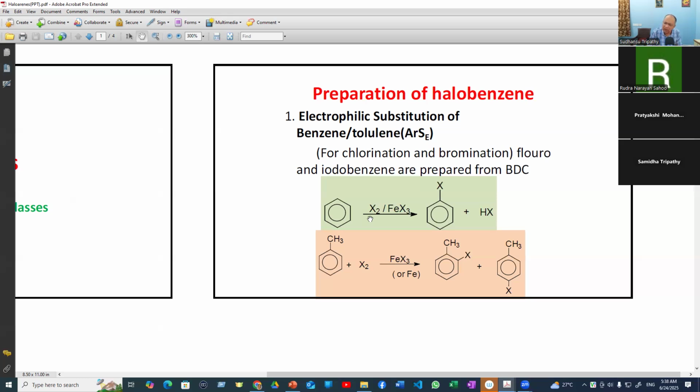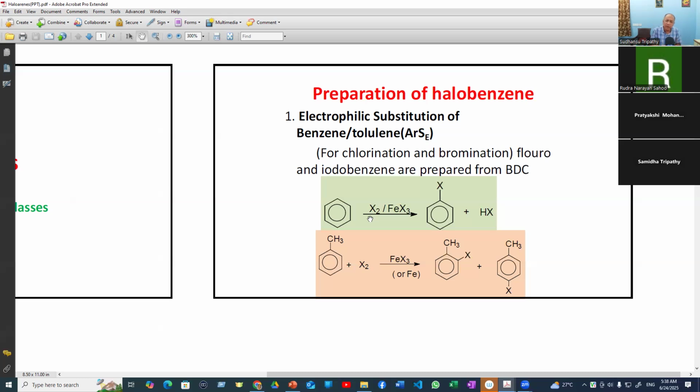Now I will be adding more, but there will be repetition. We only know that the plus M groups or plus R groups, as well as plus I groups like methyl, ethyl and all that, are orthopara directors for the second electrophile to come. Both in ortho and para, you get a mixture of ortho disubstituted product and para.